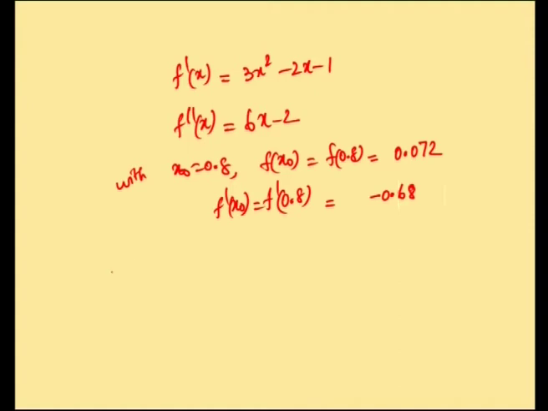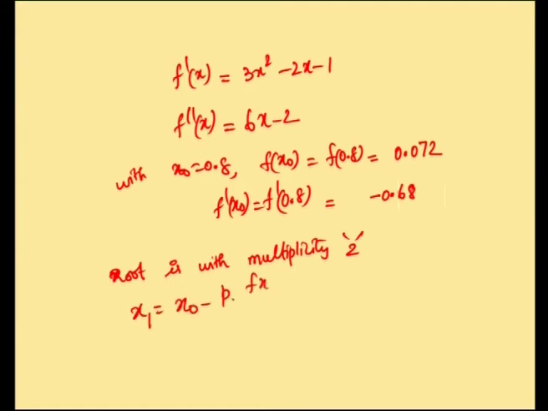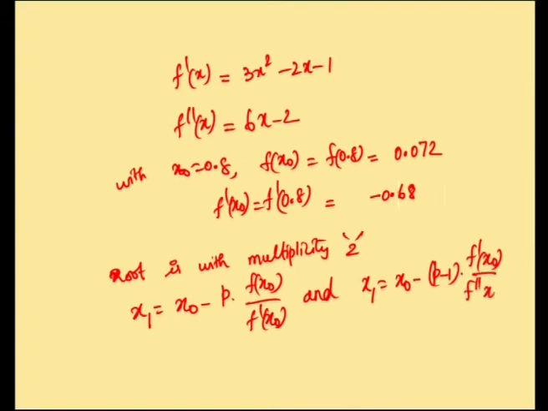As discussed, the root here is with multiplicity p. Because we are asked to find the double root with multiplicity 2, p is equal to 2. So, we can have x1 equal to x naught minus p into f of x naught divided by f dash of x naught, and at the same time x1 equal to x naught minus p minus 1 into f dash of x naught divided by f double dash of x naught will be the same.